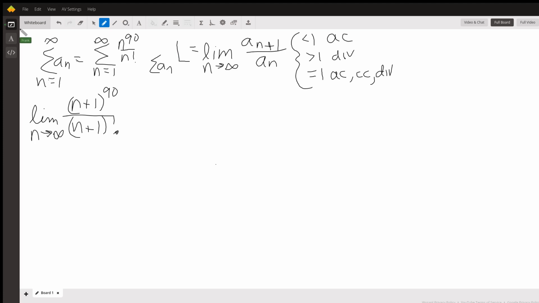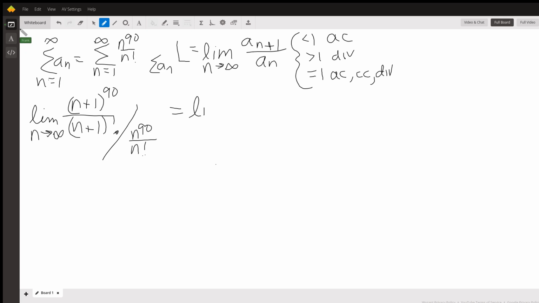divided by n to the 90th divided by n factorial. Well, if you divide by a fraction, you multiply by the reciprocal.